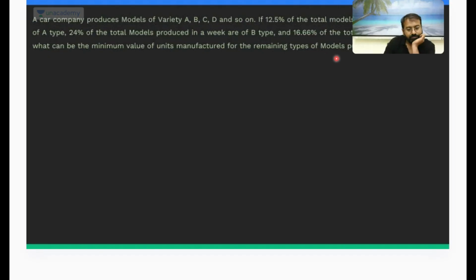Please check this one. Once again, the percentage values are changed. Give a thought.